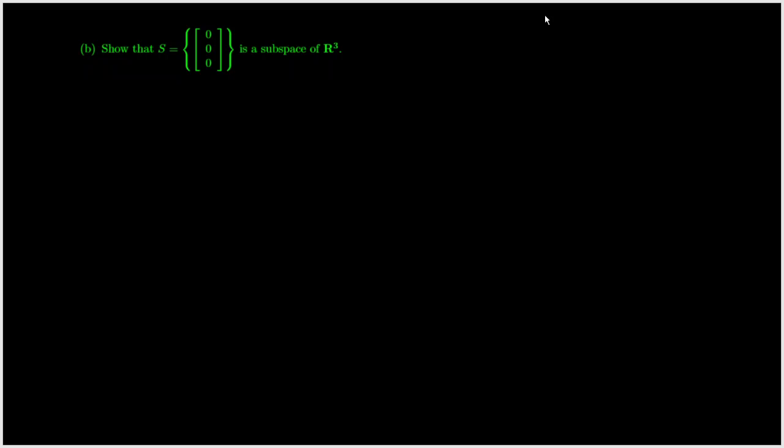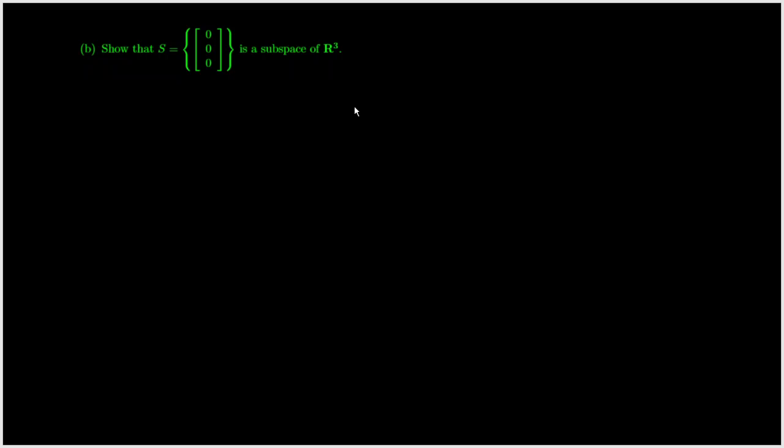Again, I'm not going to show the solution in very detail, but I will show the three conditions are all satisfied. Now condition 1, you have to choose two arbitrary vectors from S. You have no other choices, because the set has only one vector, the zero vector. If you choose two arbitrary vectors, they have to be the same.